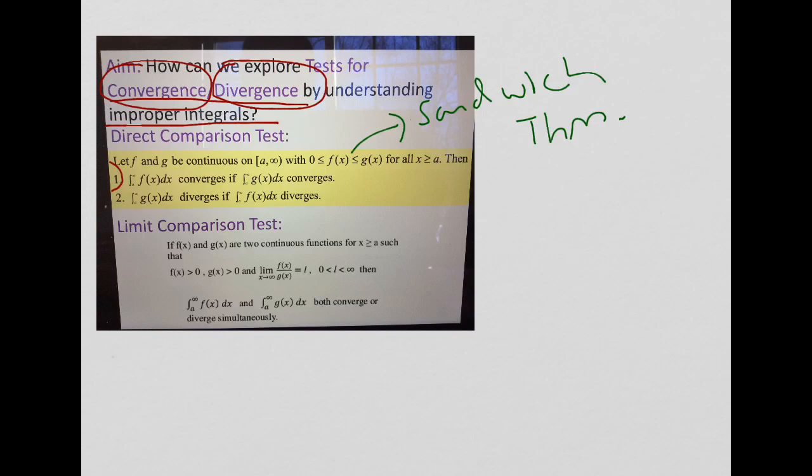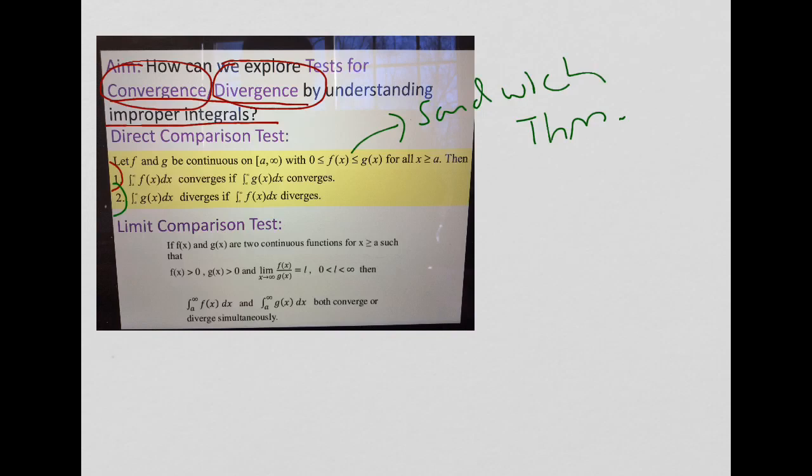Now, number 2: the integral of g of x with respect to x from a to infinity will diverge if the one that you're working with, f of x, diverges.